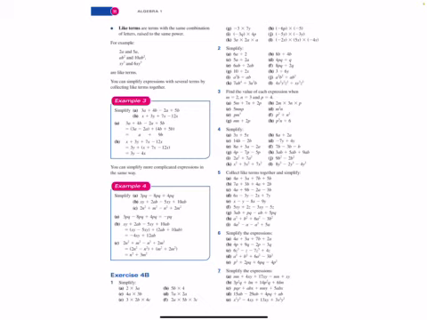So, page 98. 1 to 7, the first and the last.